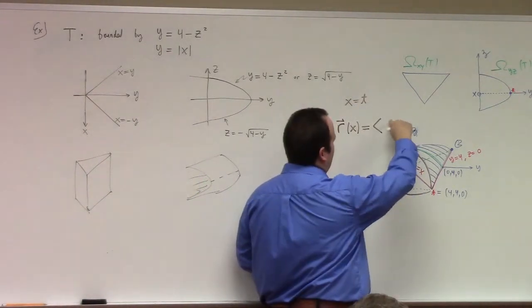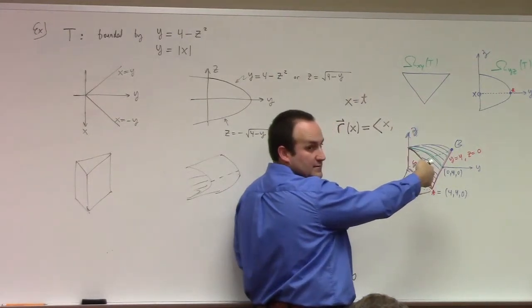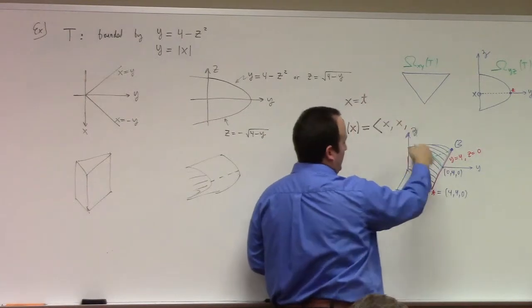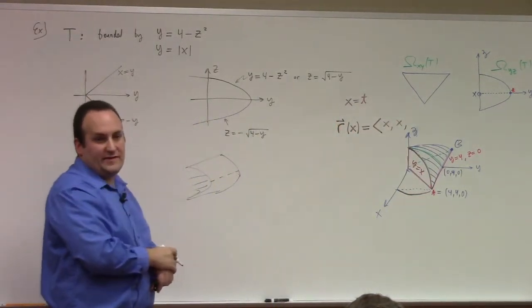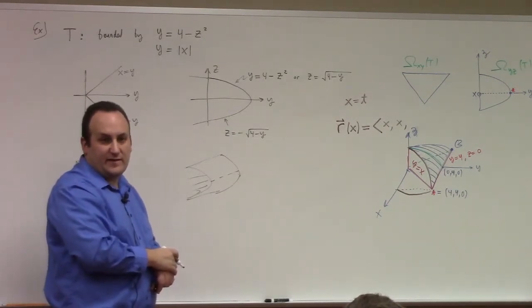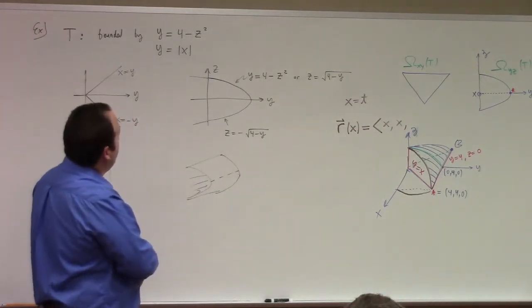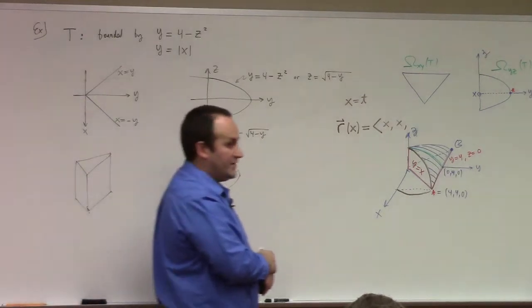But if I use x as a parameter, what's x? What's y? It's on the plane y equals x, right? So it's x again. What's z? It's at the intersection of the plane y equals absolute value of x, or y equals x in this case, and y equals 4 minus, see, so that gives me plus or minus the square root, right?